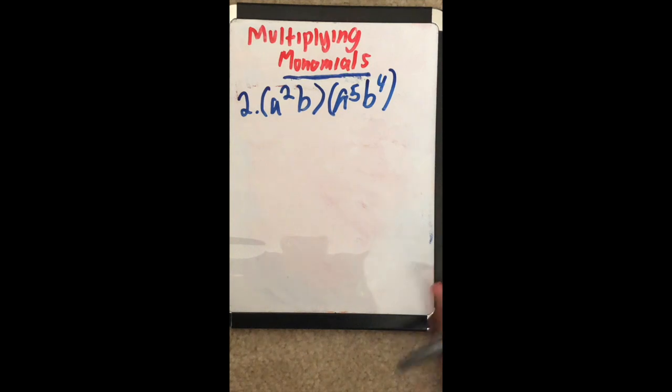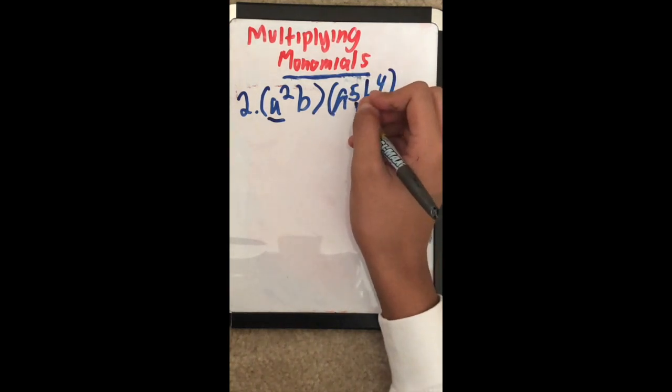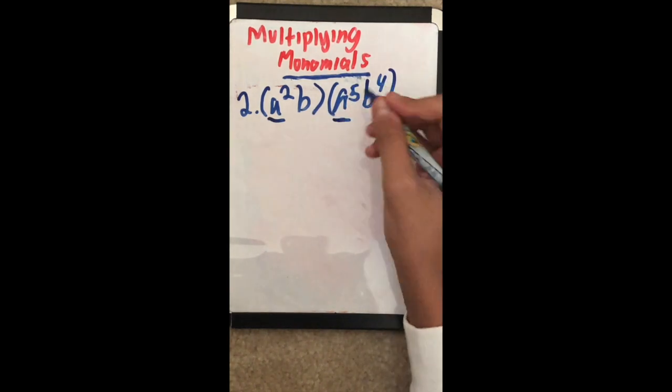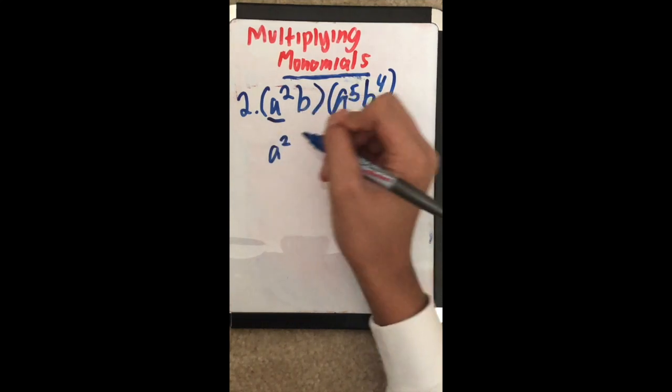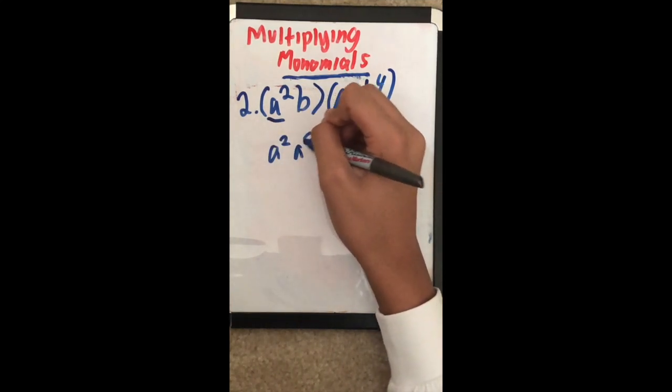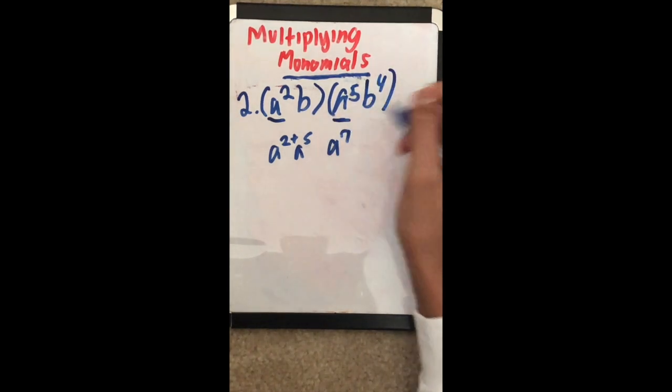Just like the last part, we want to get the first term, which is a, and add it up with the second term, which is the other a. So we're going to do a squared plus a to the 5, and together we should get a to the 7.